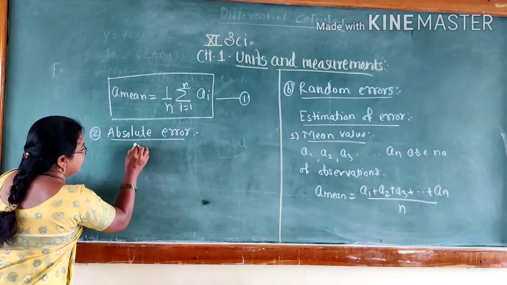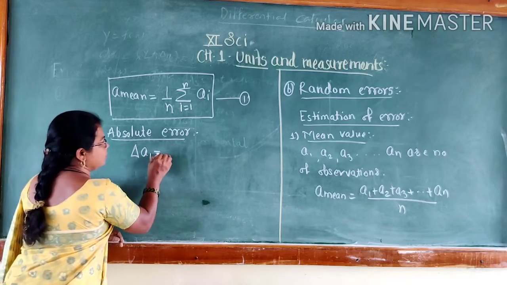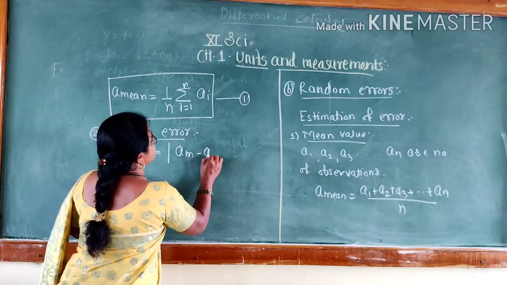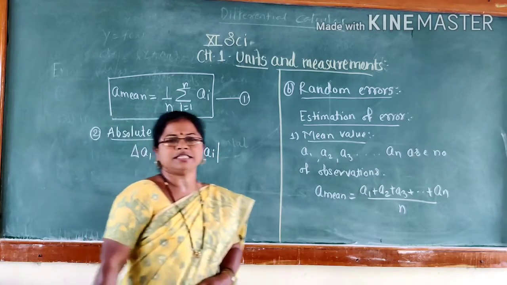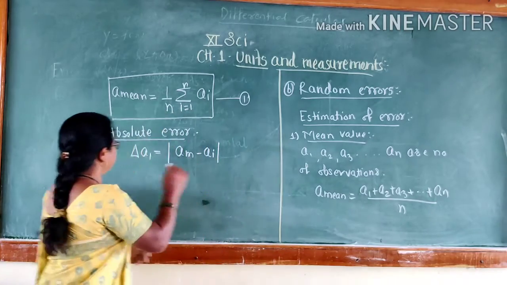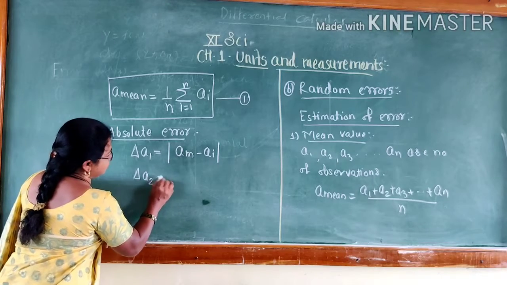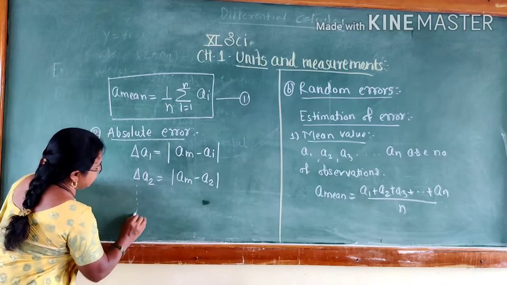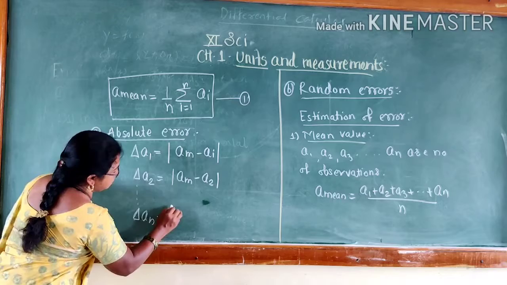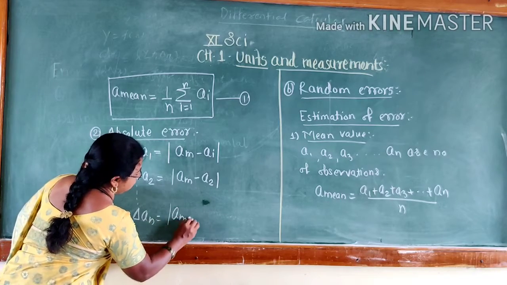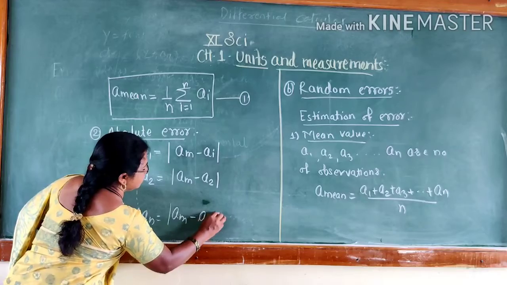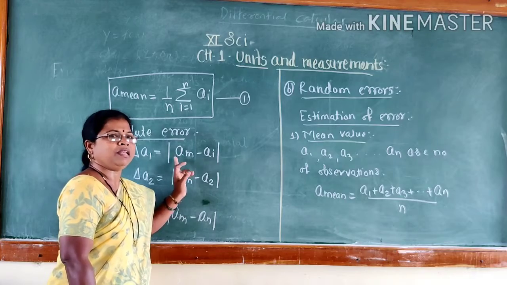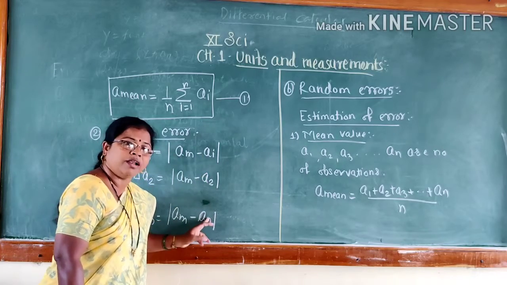That means the magnitude of the difference between the mean value and each individual value gives us the absolute error. That means delta A1 is equal to mod of A mean minus A1, or delta A2 is equal to A mean minus A2, up to delta An is equal to A mean minus An. This gives us the absolute error, the magnitude of difference between mean value and each individual value.